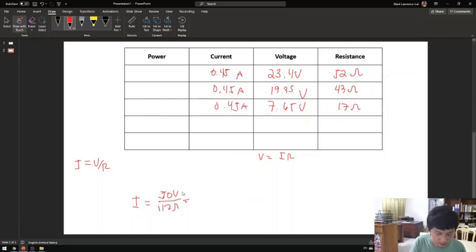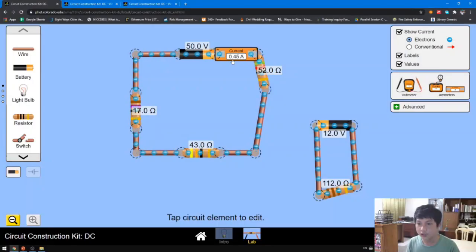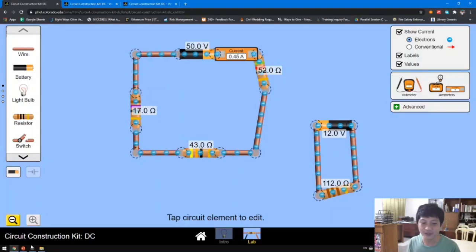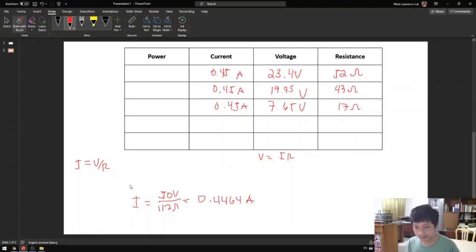So this is 50 divided by 112, so actually we have 0.4464 amps. This is already rounded, that's why we don't have an exact same value. But I rely on this more than the ammeter given here.